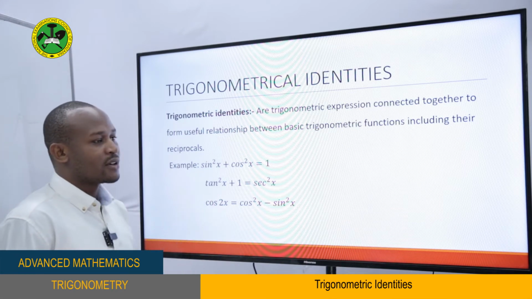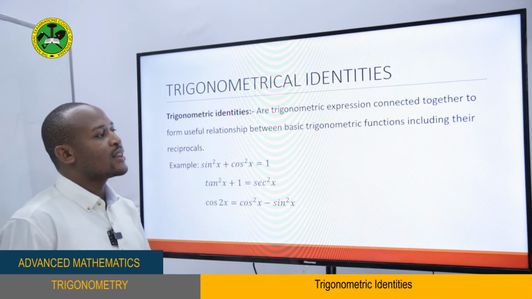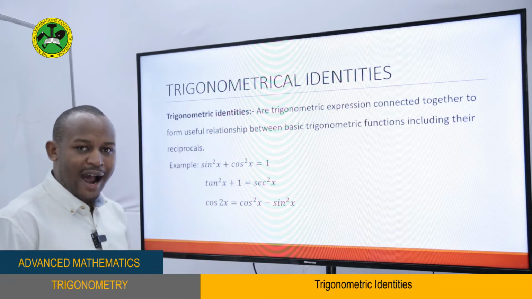We know the trigonometric functions that we have: sine, cosine, and so forth. When they are connected together to form a useful relationship, we call them trigonometric identities.